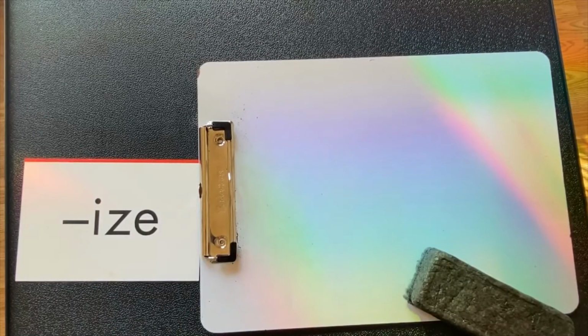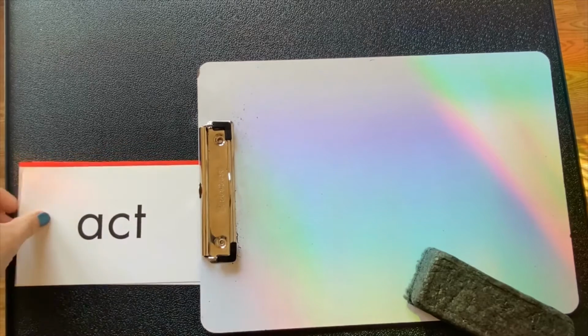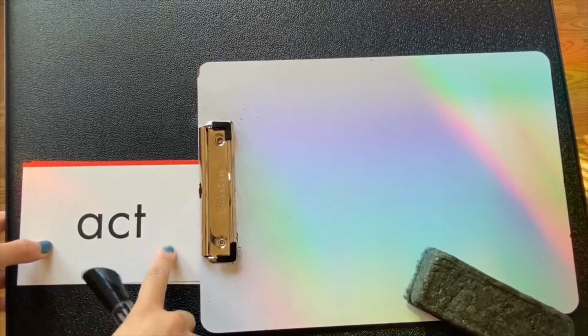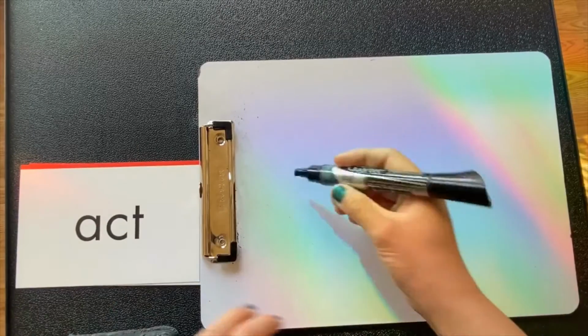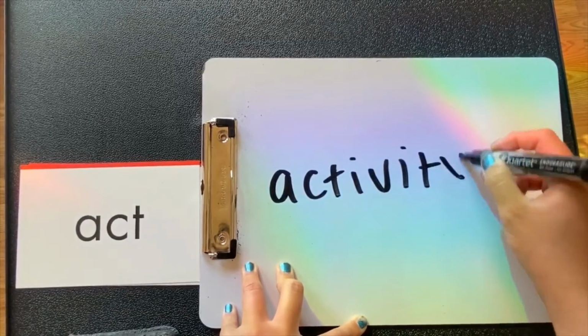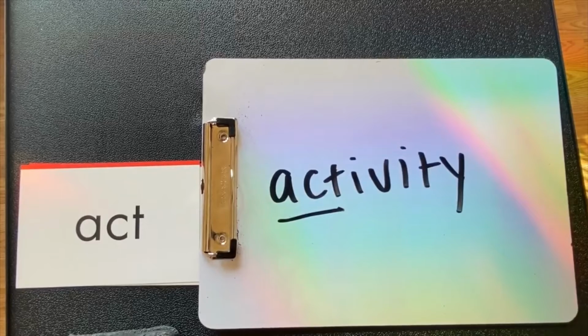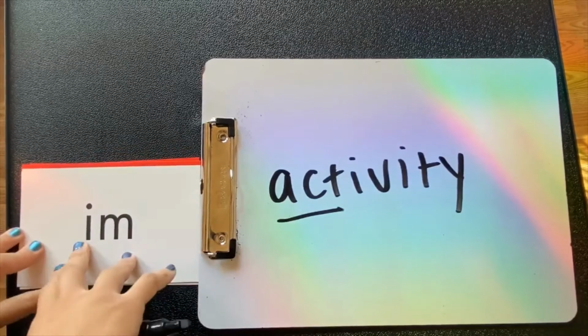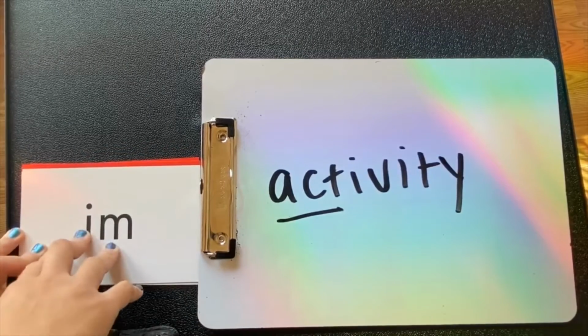Our next sight syllable is going to be act. Read, act. Again, act. Kind of like activity. Great job. Let's keep going, my friends. Moving on. Read im again.